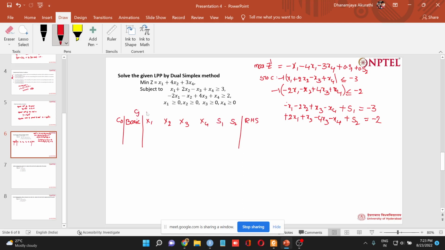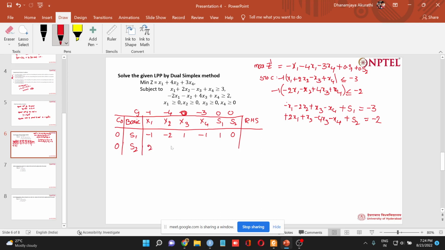So the cost coefficients are here -1, -4, 0, -3, 0 and 0, right? So what are the basic variables here? S1 and S2, ma'am. So the basic variables are S1 and S2. The corresponding cost coefficients are zeros.